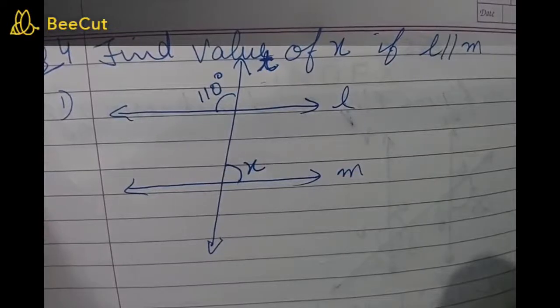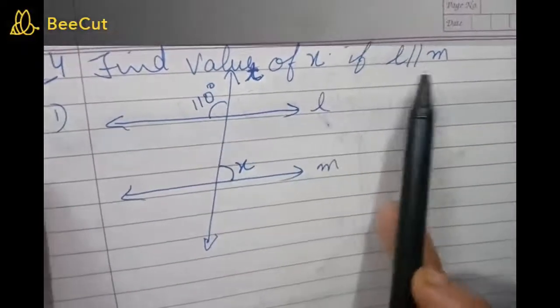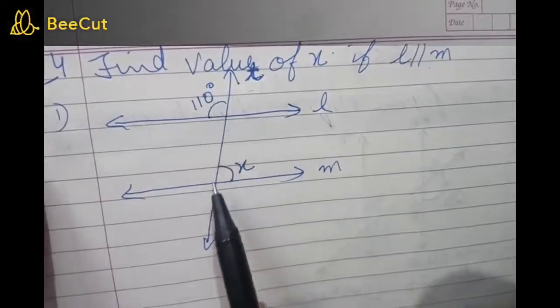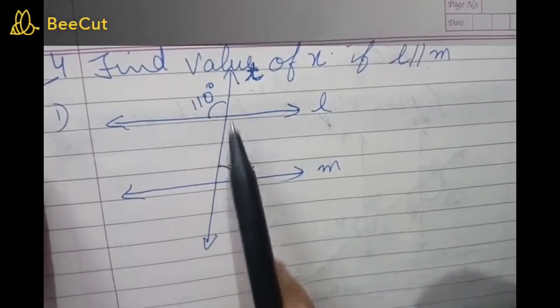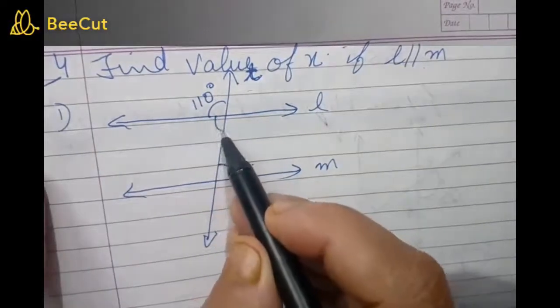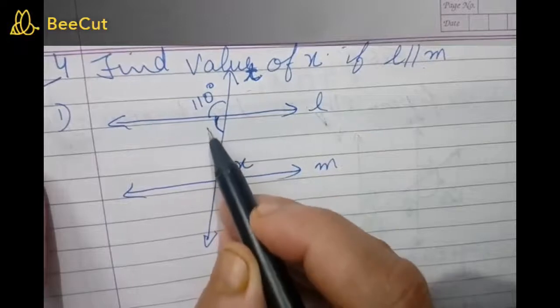Question 4. Find the value of X if L is parallel to M. L and M are parallel. Now see, there is no relation between these two. So first find this angle. I am naming it 1.